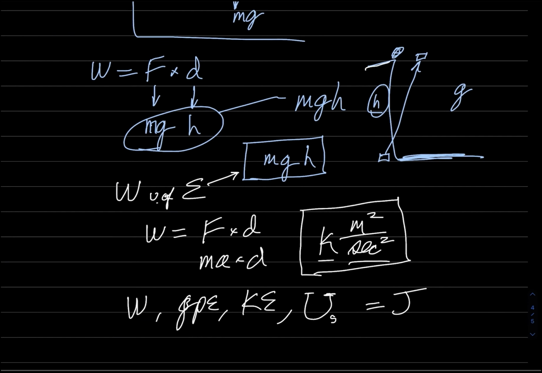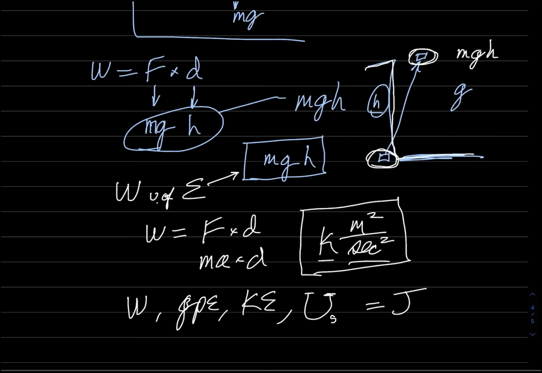This system right here, where you had a mass on the ground and you raised it up to the top, this system started with no mechanical energy. There was no potential energy and there was no kinetic energy. And after you raised the mass up here, now its total mechanical energy is in its gravitational potential energy, mgh, which is the work that you did on the mass.